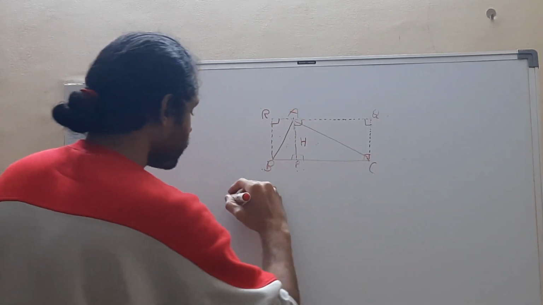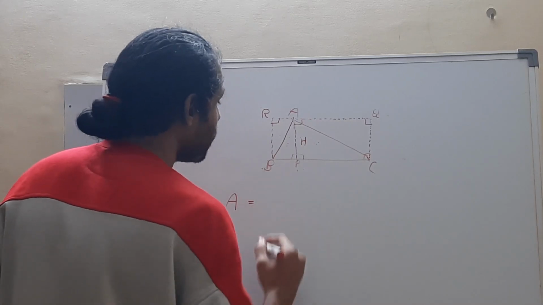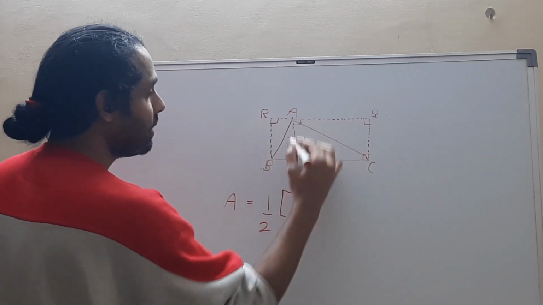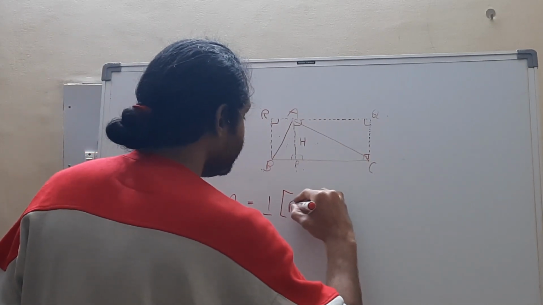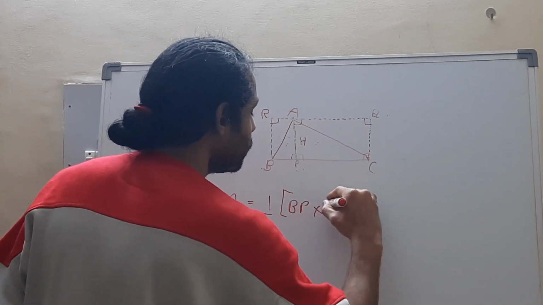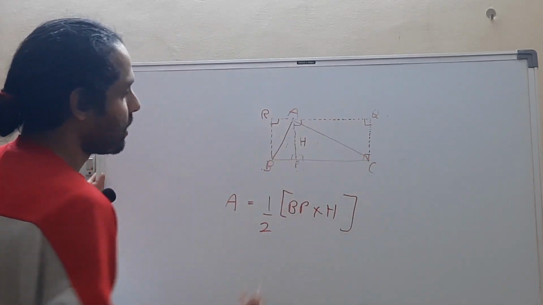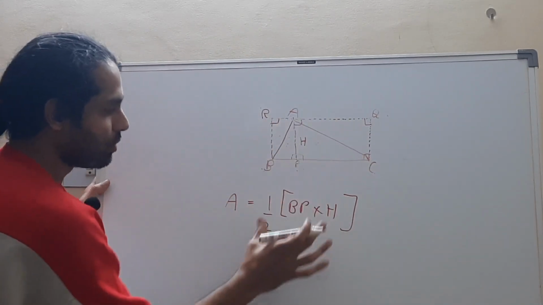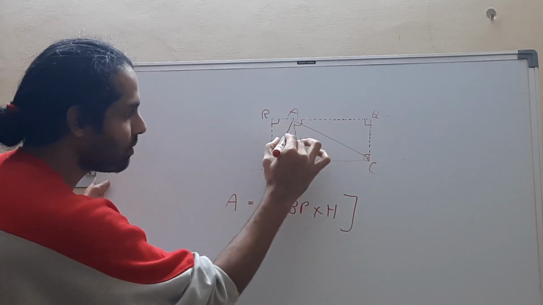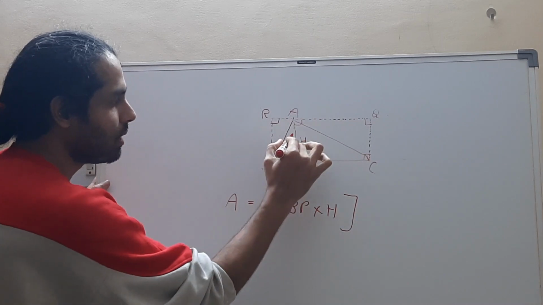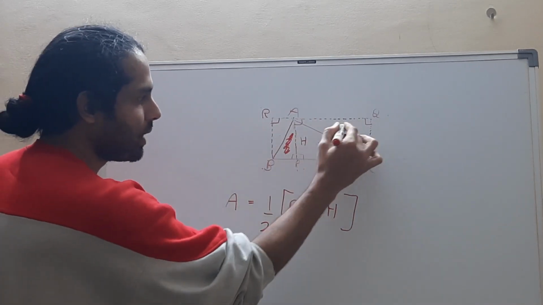So the total area is equal to half of length into breadth, that is BP into height. Height in this case is the breadth of this rectangle, right? Now this half BP into H will give us this area, because it's half of this rectangle.